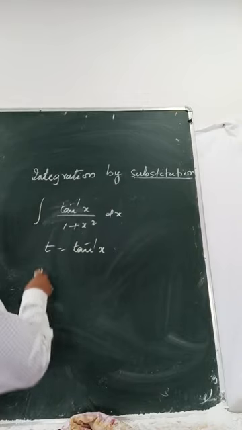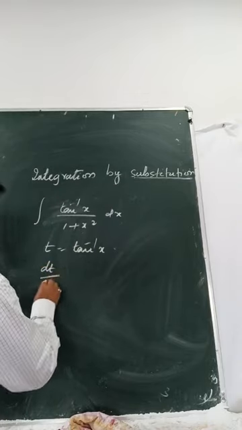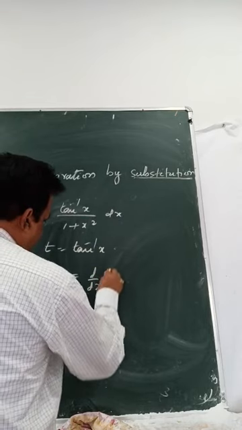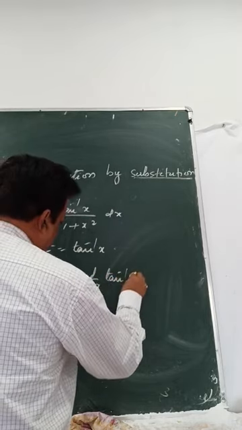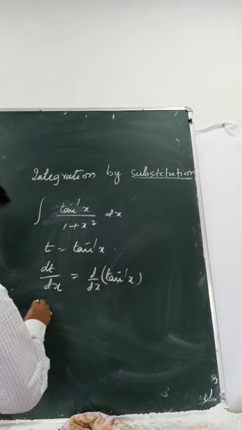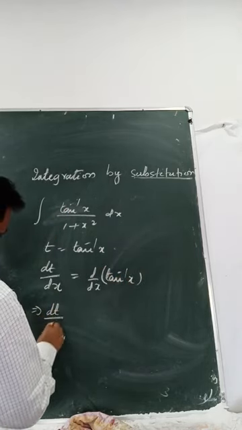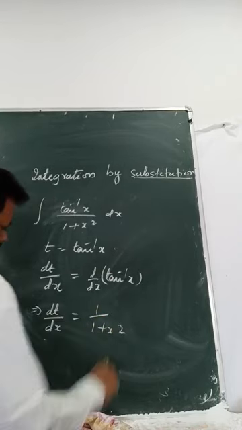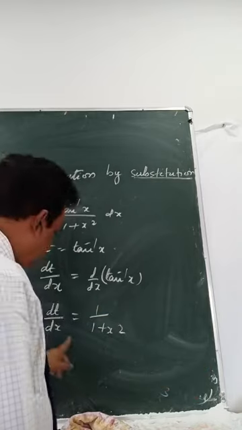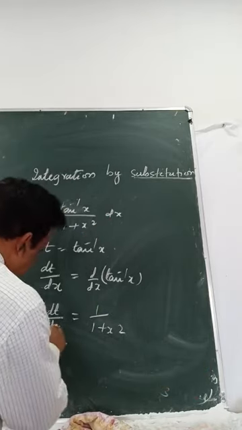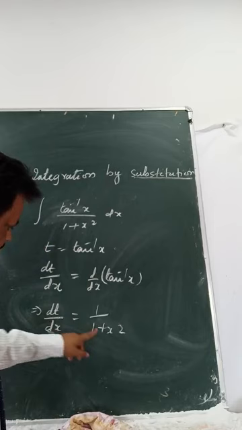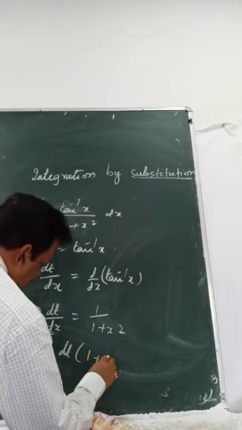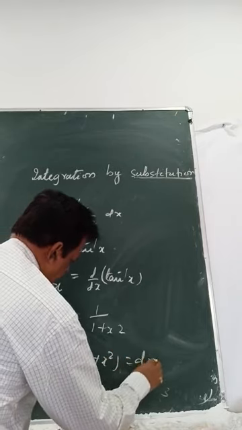Then find what is dt by dx. It is d by dx of tan inverse x. This implies dt by dx equals to 1 by 1 plus x square. So from here we find out dx. dx you have to find out. That means this will go here. So dt into 1 plus x square equals to dx.